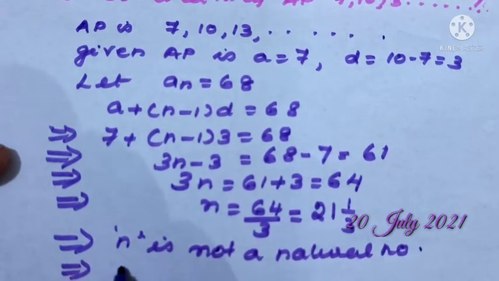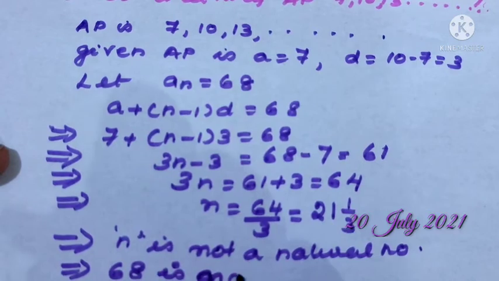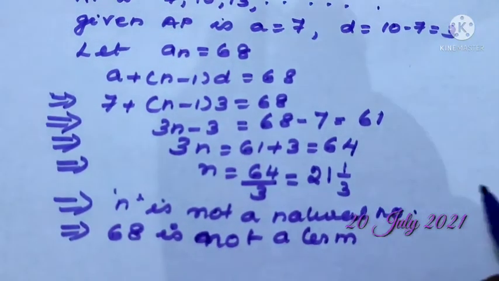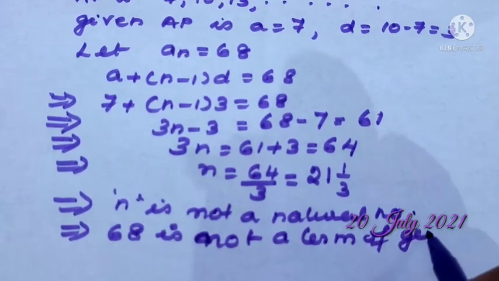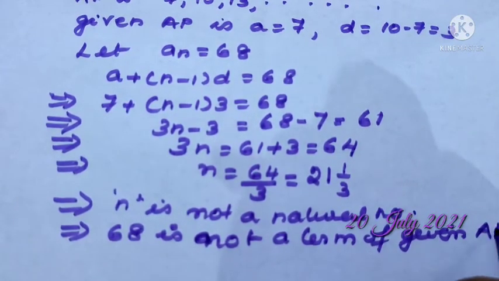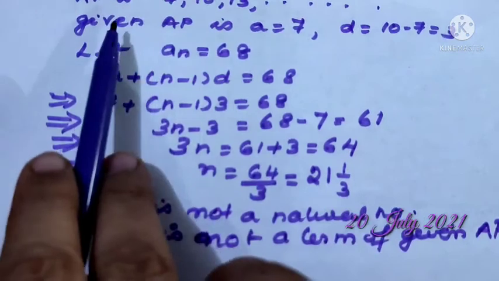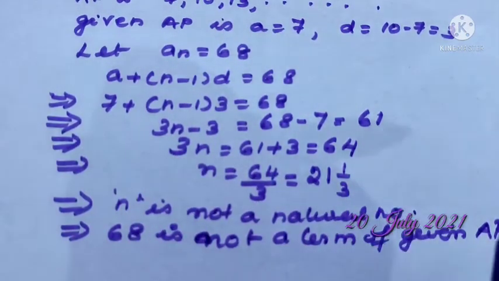Therefore 68 is not a term of the given AP. When it is a term, it should be first term, second term, third term, like that. So n should be a natural number only. That is not possible here. So we are concluding that 68 is not a term here.